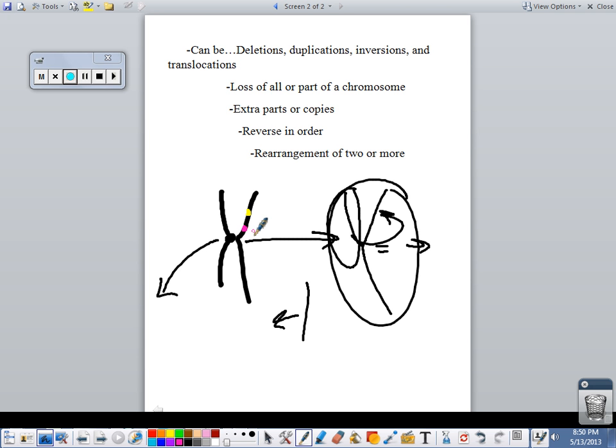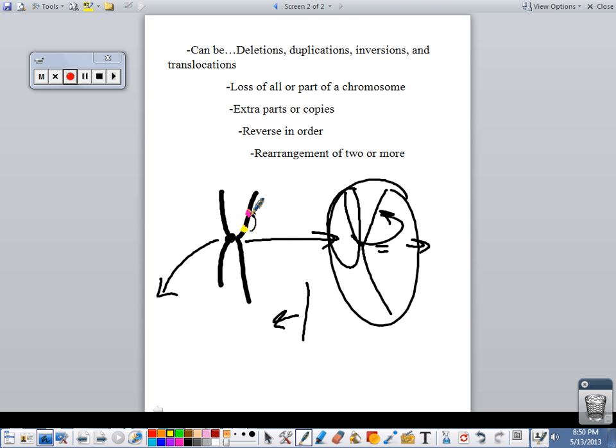This one goes here and becomes pink, so just color it over, and this one becomes yellow. If you remember, we're talking about Mendel, that some traits are linked. So this could affect how other traits are expressed, and that's another type of mutation.